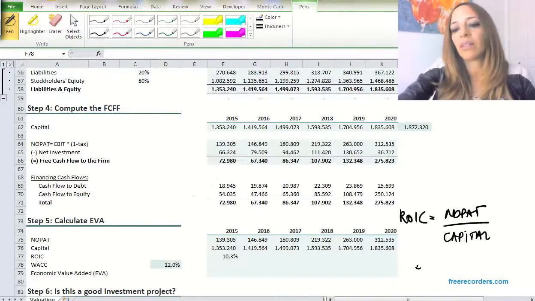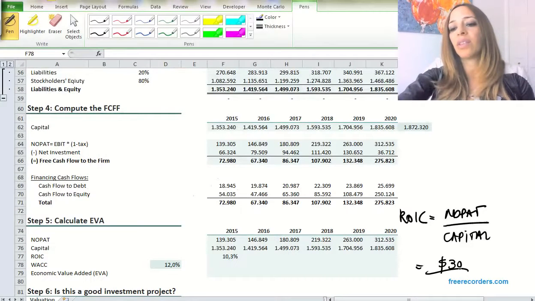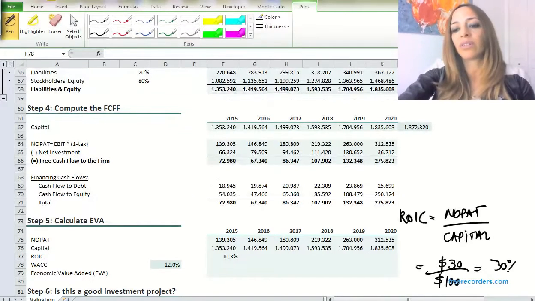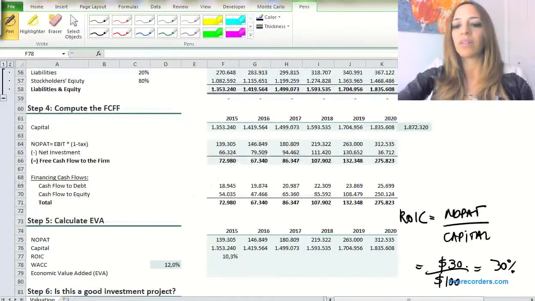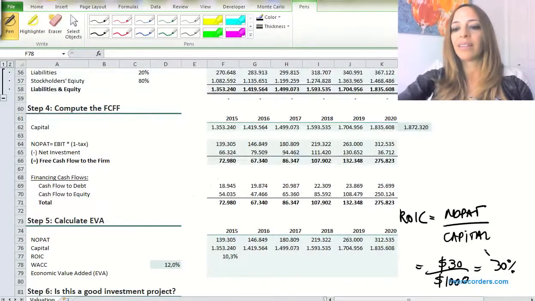Therefore, if you have earnings, operating earnings for $30, is this good? Well, it depends. If you obtain $30 with $100 investment, well, this is a 30% return. It may be interesting according to the risk. But if in order to obtain those same $30 in profit, you need a higher investment, for example, you need more equipment, and you need $1,000 investment, then this return will fall to 3%.